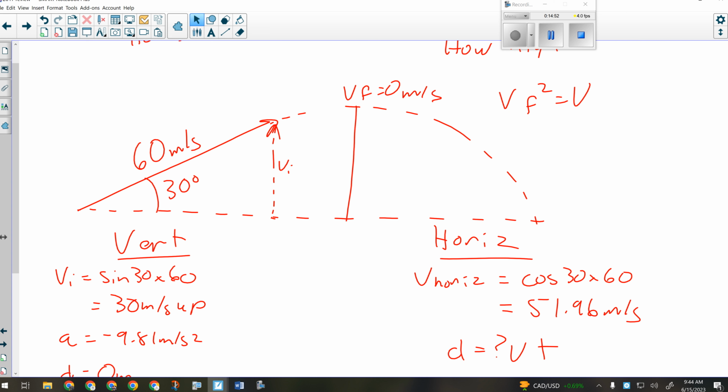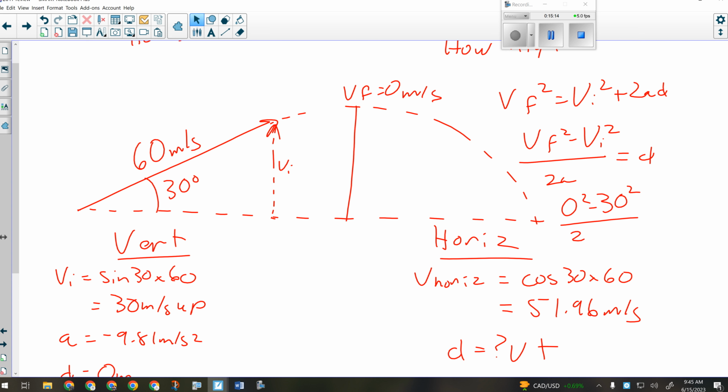VF squared equals VI squared plus 2AD, and I simply solve for D because that will be my vertical displacement at this point, which is my maximum height. So VF squared minus VI squared divided by 2A will equal D, so 0 squared minus 30 squared divided by 2 times negative 9.81.